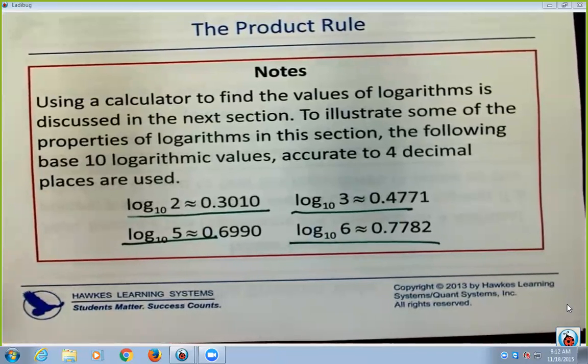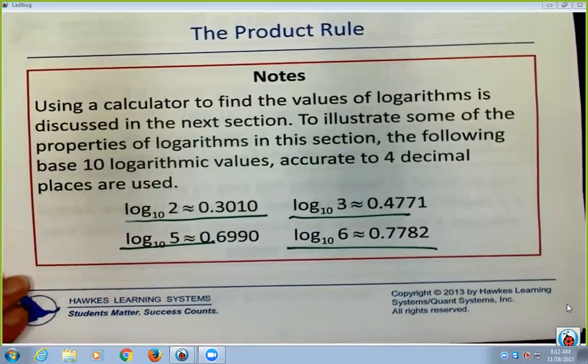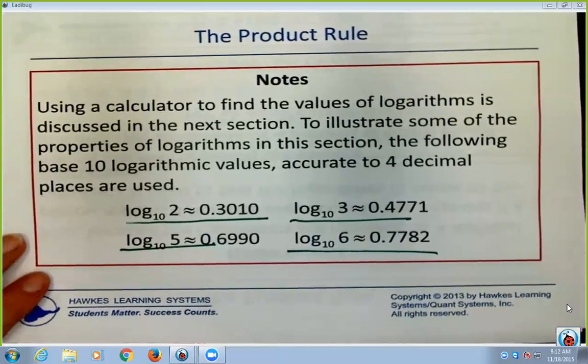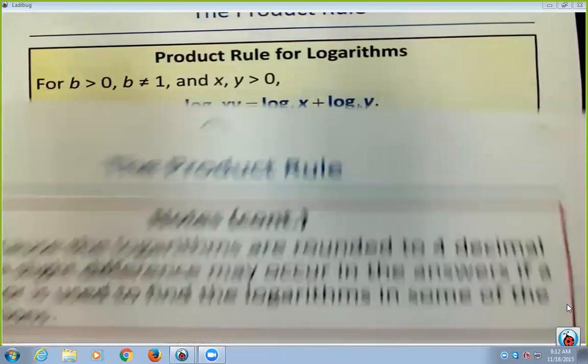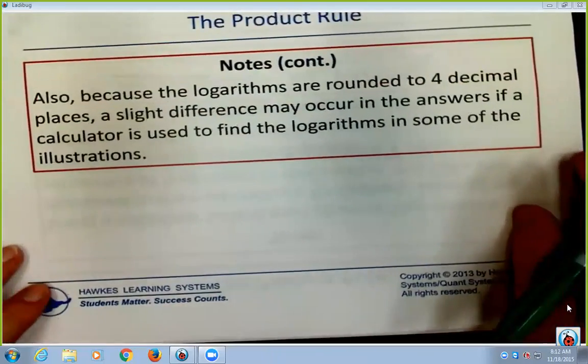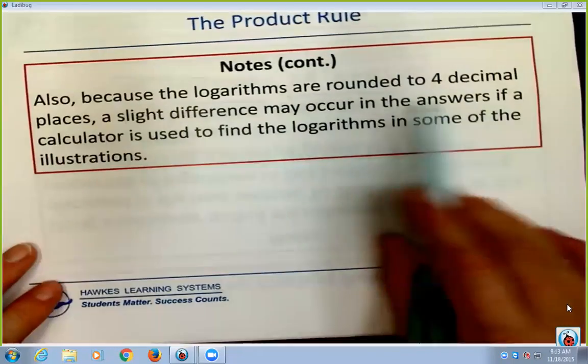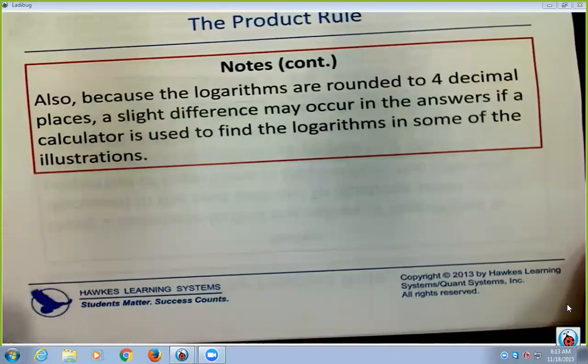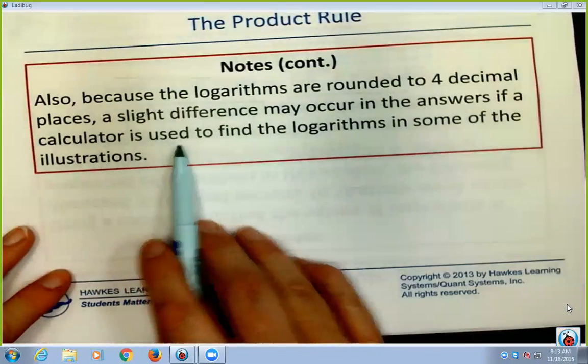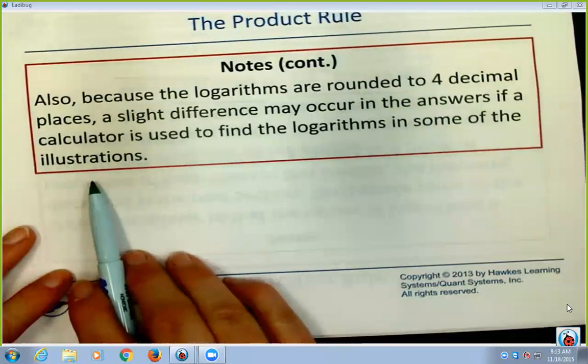I know this is kind of sticking this piece in here, and it's maybe not in the exact spot where it needs to be. But the product rule says also that because logarithms are rounded to 4 decimal places, a slight difference may occur in answers if a calculator is used to find logarithms in some of the illustrations.